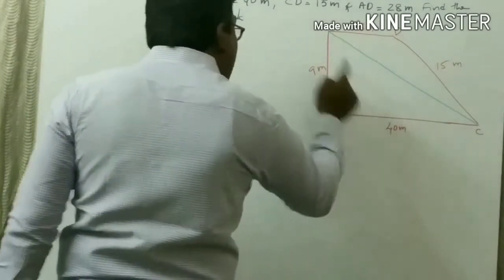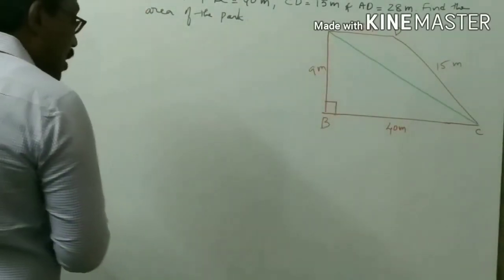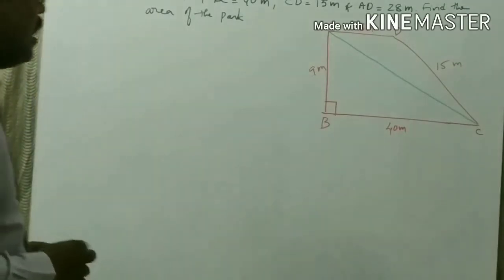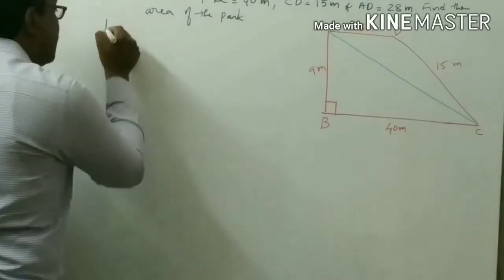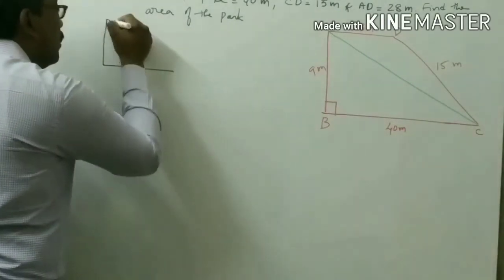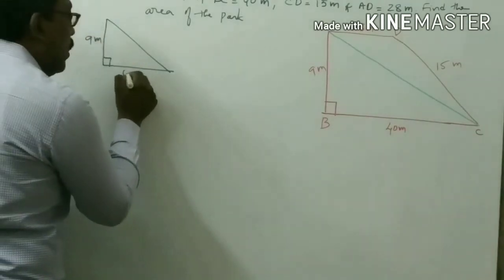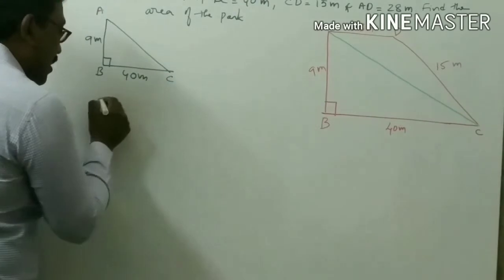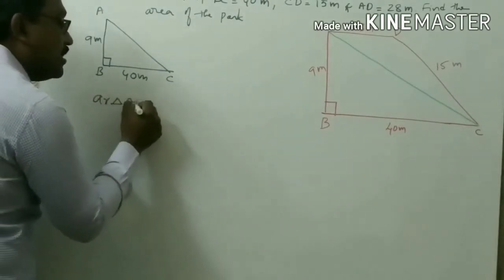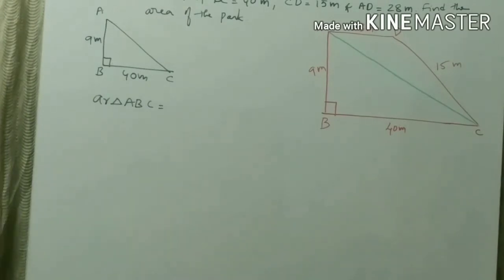Of course, one is a right angle triangle. Very good. That right angle triangle has sides, one is 9 meters, other one is 40 meters. Area of triangle ABC, a right angle triangle. You need not go for Heron's formula.